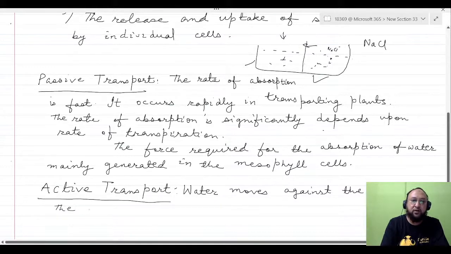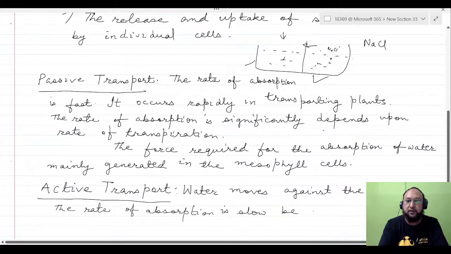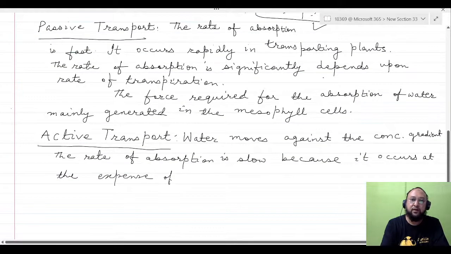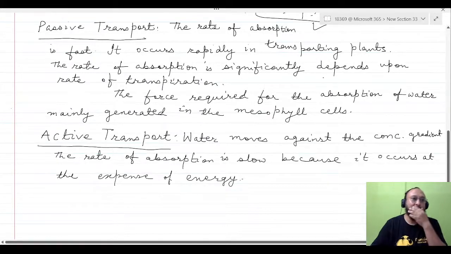The rate of absorption is slow because it occurs at the expense of energy.